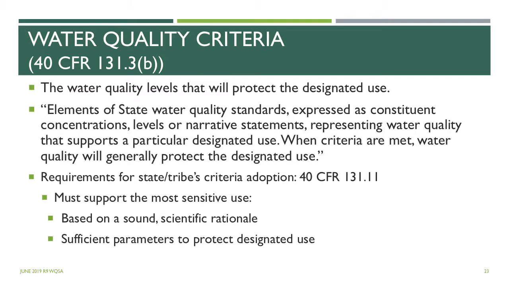It's got to be based on sound scientific rationale, not economics. It's based purely on science. And then you have to have sufficient parameters to protect the designated use. So what that means is if you've got a particular use, you can't just pick 2 parameters if you know that there are 10 parameters that could affect the ability of that water to achieve an aquatic life use.